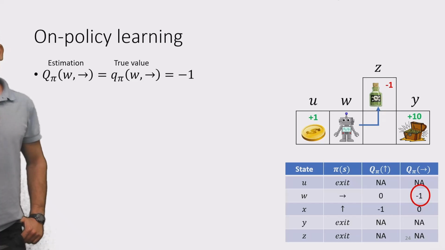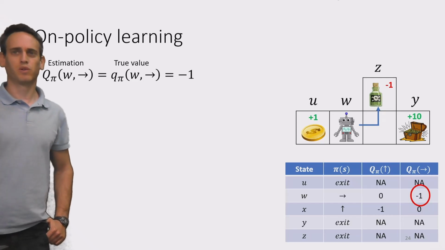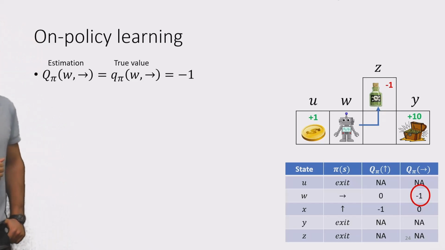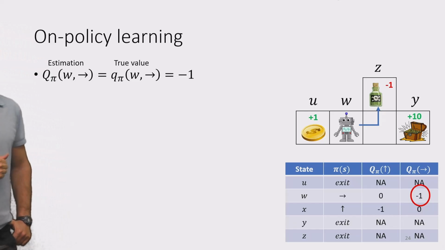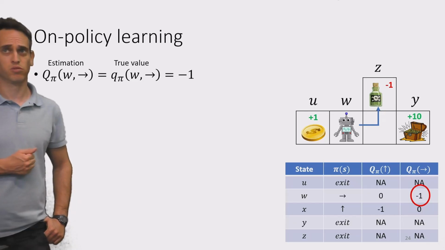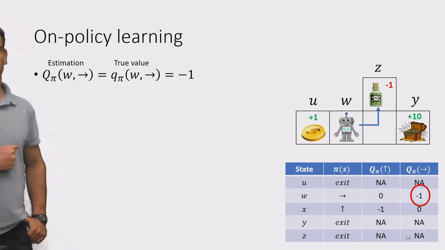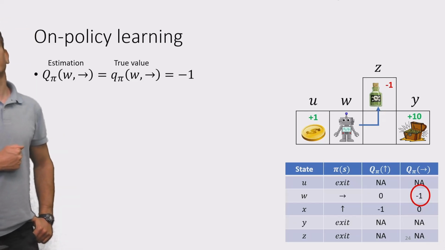if we don't assume any noisy environment, after the example that we've seen previously we updated our estimation to be -1, which is actually the true Q value for this policy.